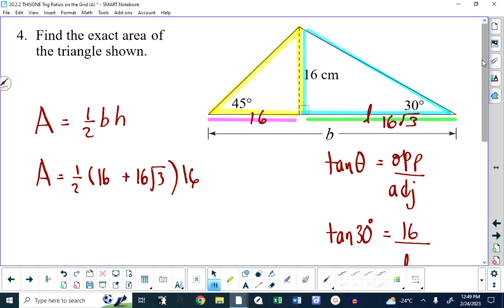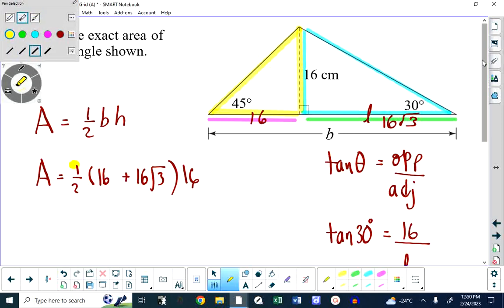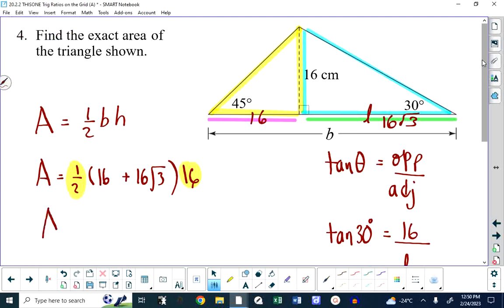But what I would tend to do visually when I look at this is notice that I have this 1/2, and I'm multiplying by 16, so that's 8. So I can combine those two and say that's 8 multiplied by whatever 16 plus 16 root 3 is.